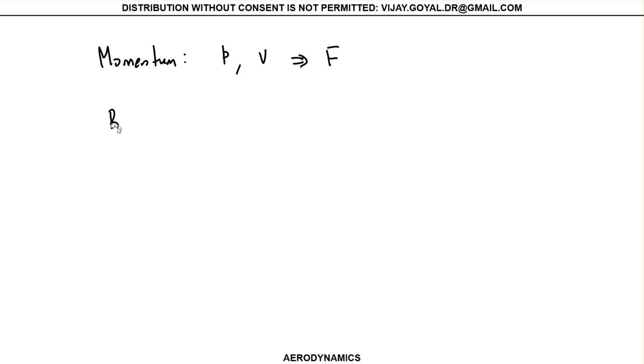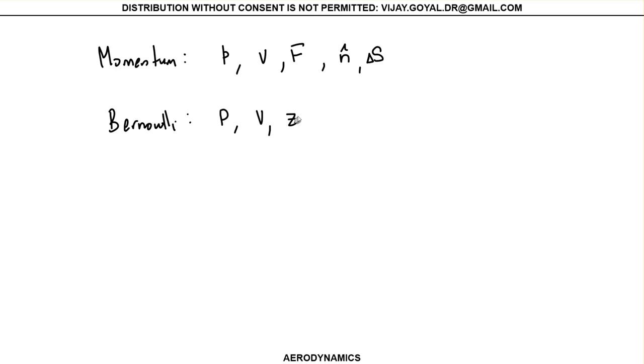And then the Bernoulli equation, well, actually, this uses all these quantities in general, and also uses unit vector, uses your delta S. The Bernoulli equation uses P, uses V, and uses your Z location.